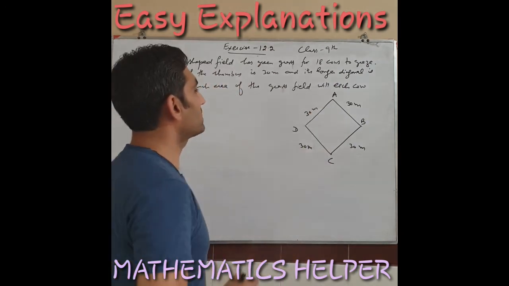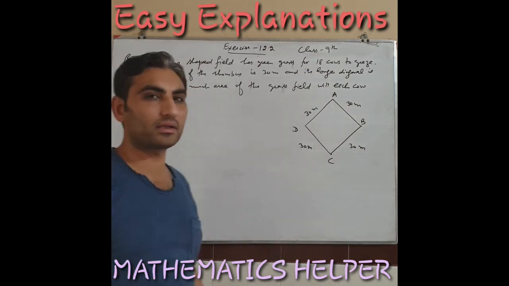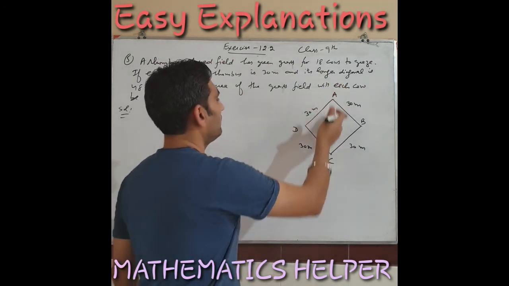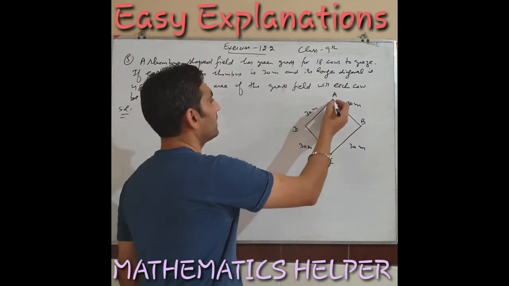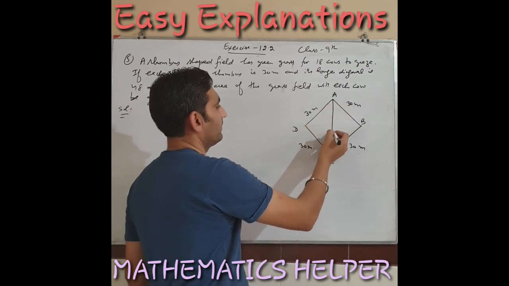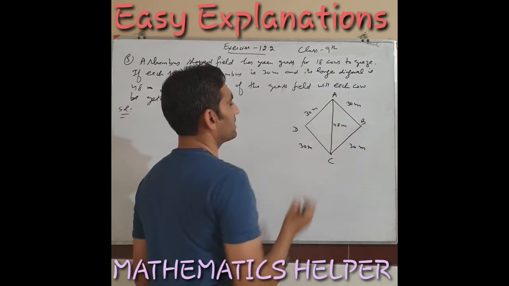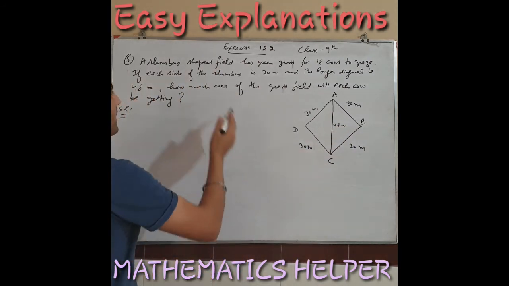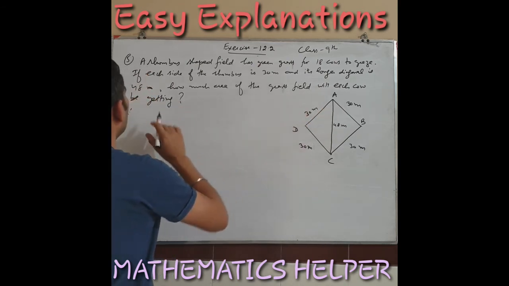Then the longer diagonal is given equal to 48 meters. There are two diagonals in the rhombus, vertical and horizontal. In a rhombus we mark the vertical diagonal as the longer one and the horizontal as shorter. So suppose it is 48 meters. Then you have to find how much area of grass each cow will get.